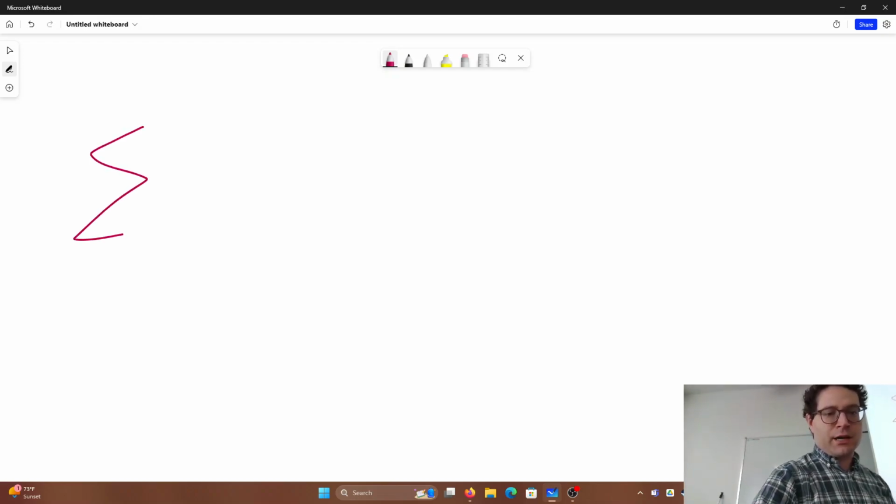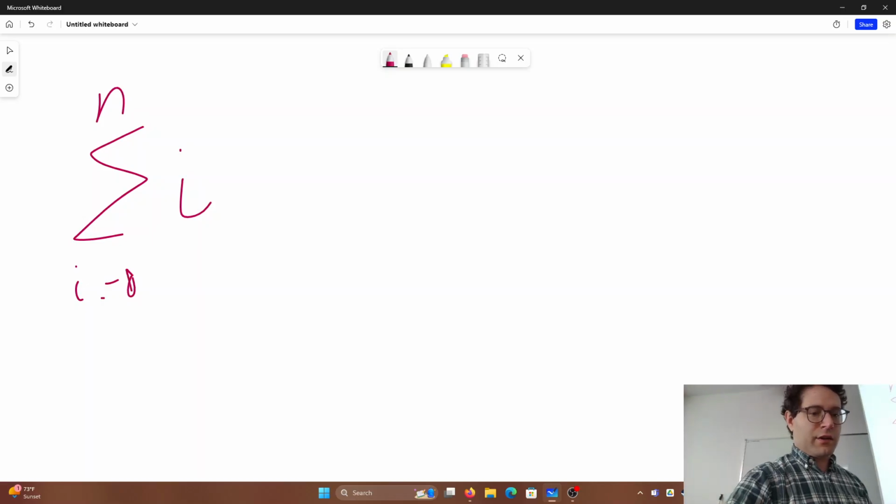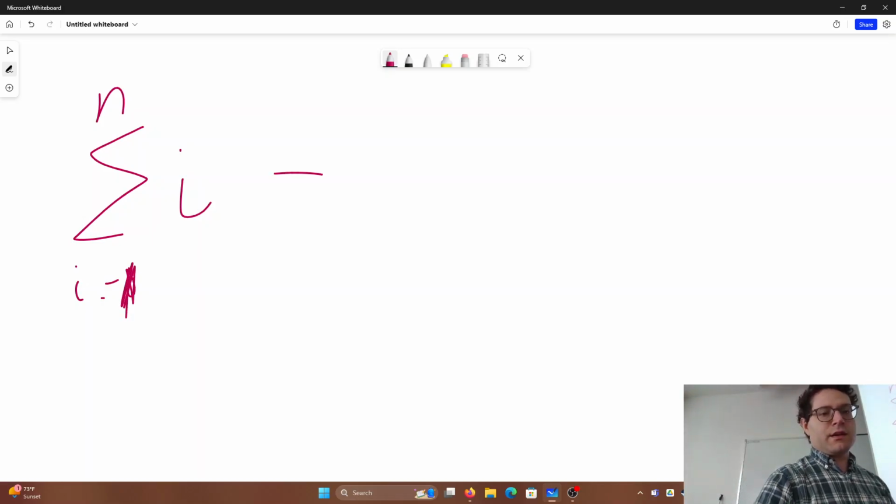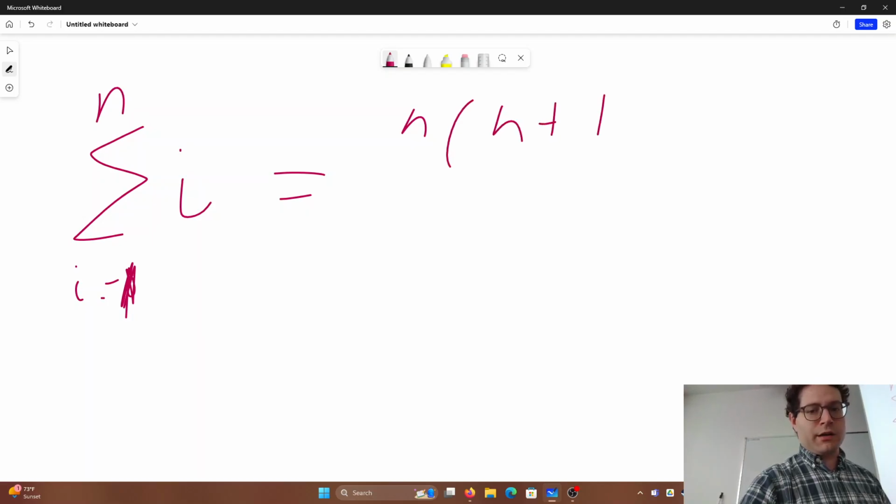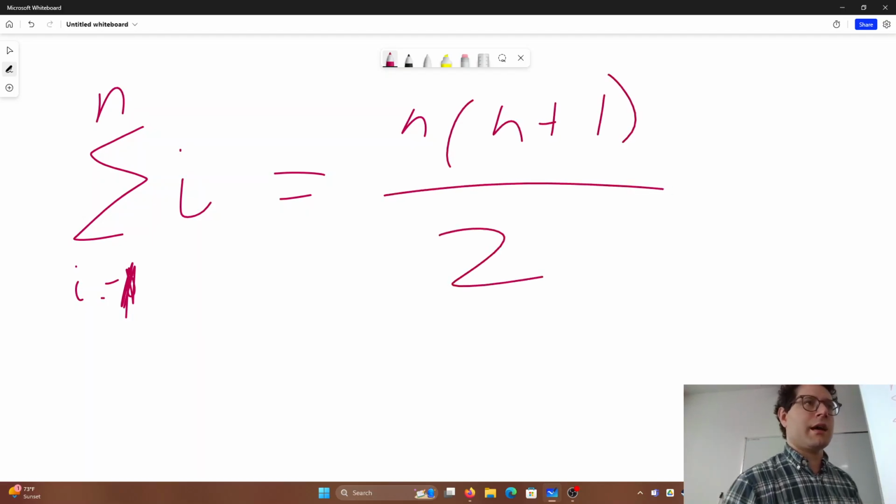The classical example you get in these classes is showing that the sum of the numbers i, from i equal to 1 to n, is equal to n times n plus 1 over 2. That's kind of the classical one to show.